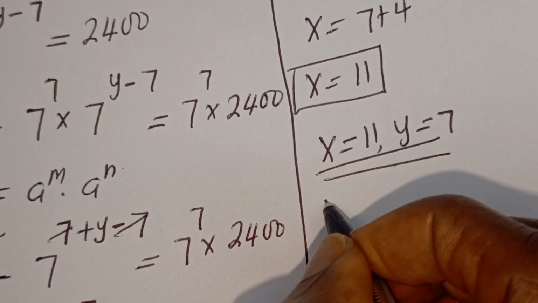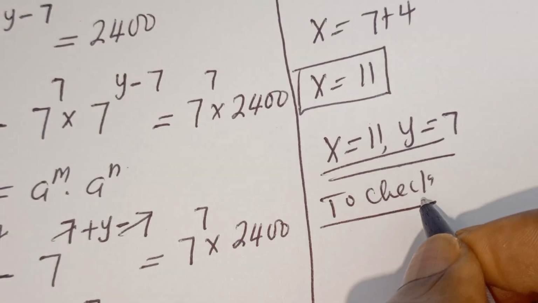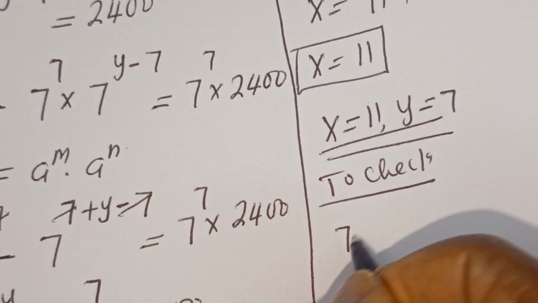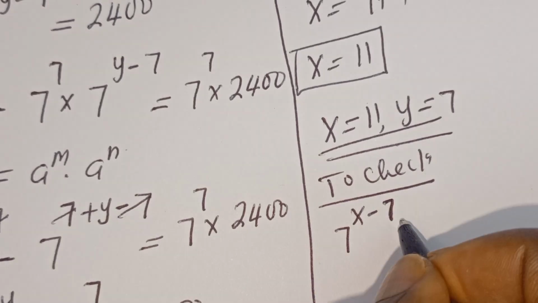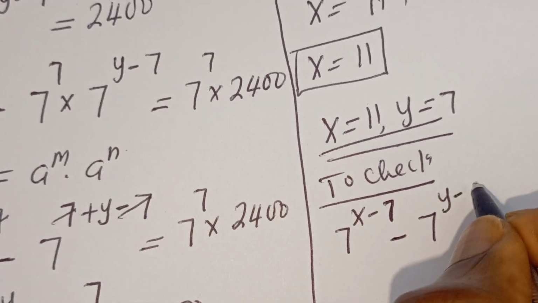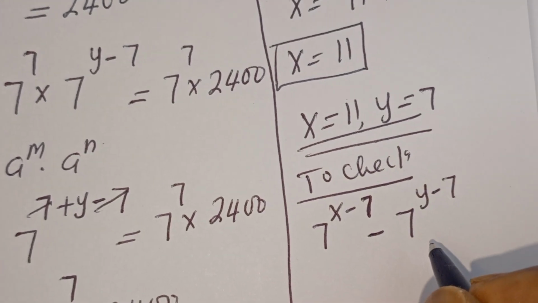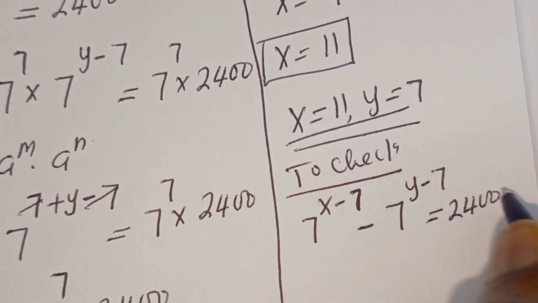Let's check. To check, we have the given equation, 7 to the power of x minus 7, minus 7 to the power of y minus 7, is equal to 2400.